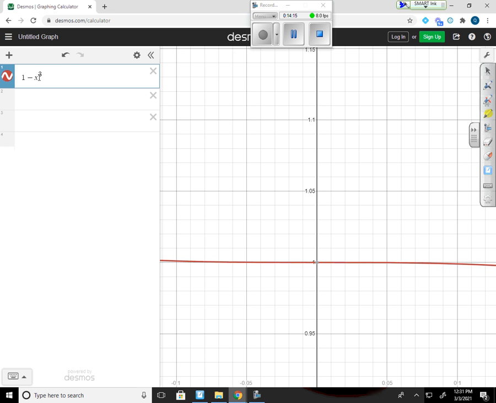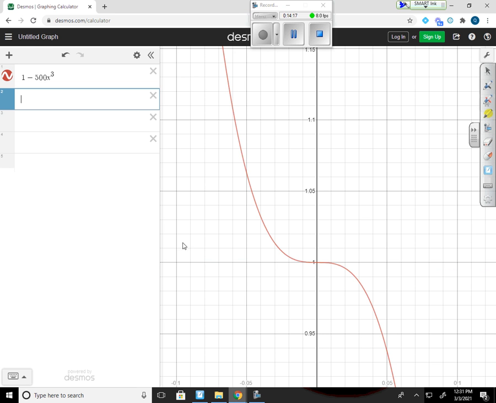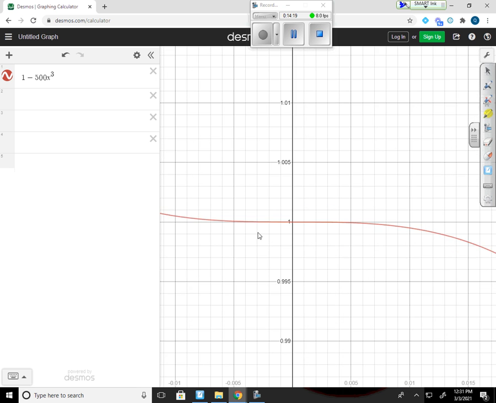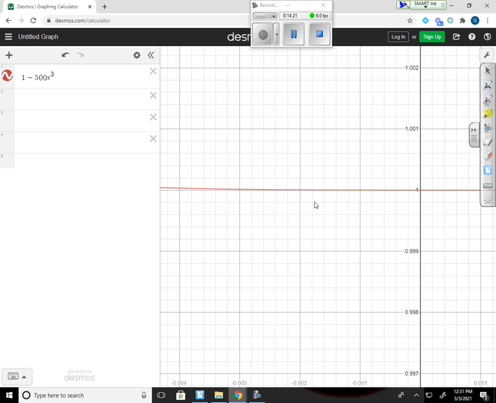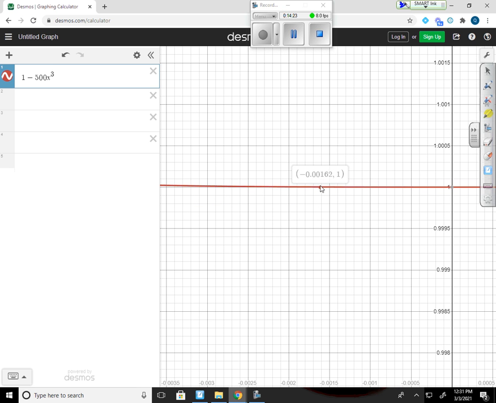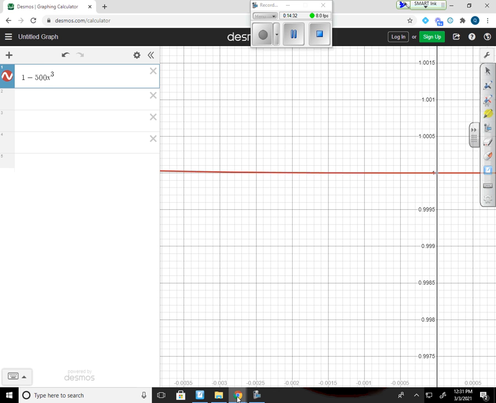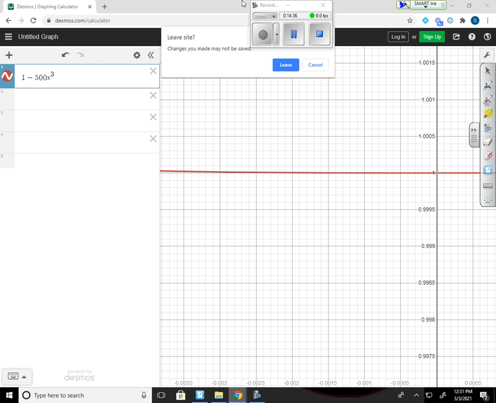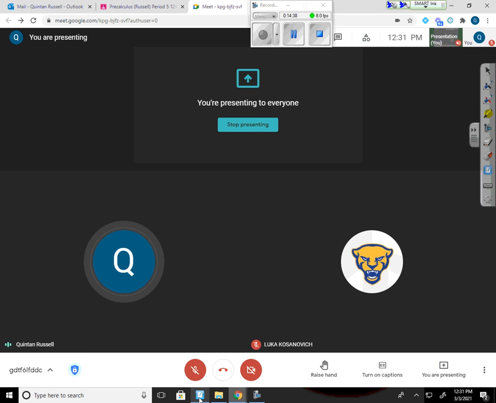If I made it 500, then it still hits horizontal, but it's for a much smaller amount of time. So it's something to watch out for. I'm not going to be too picky with it.